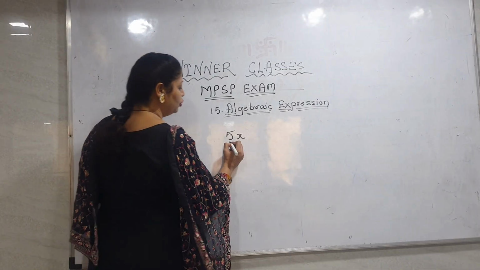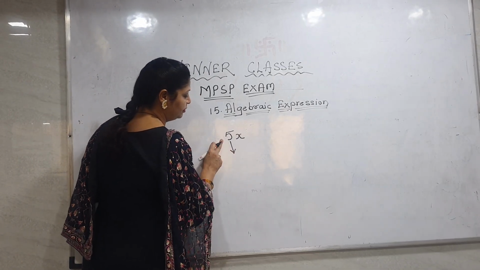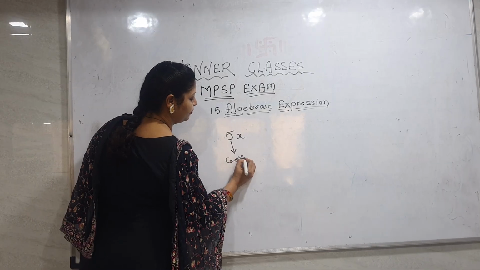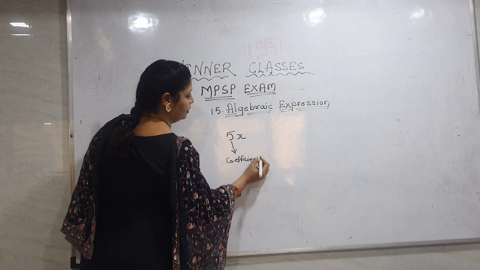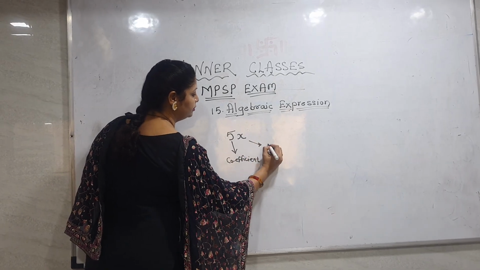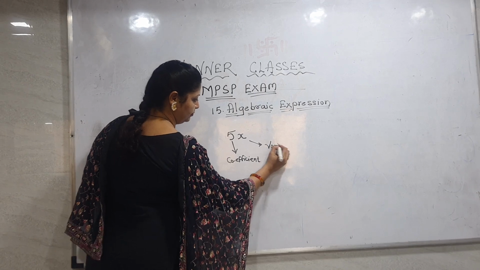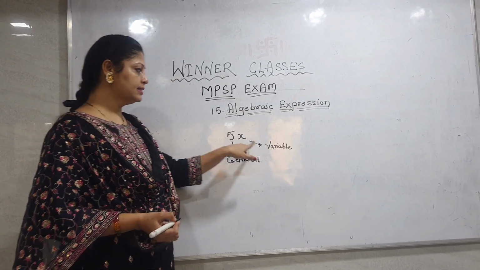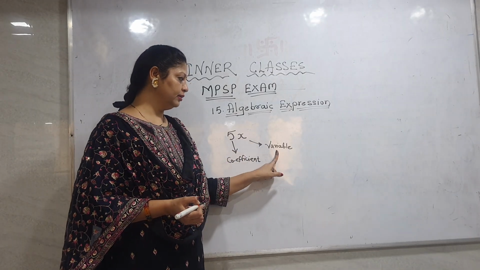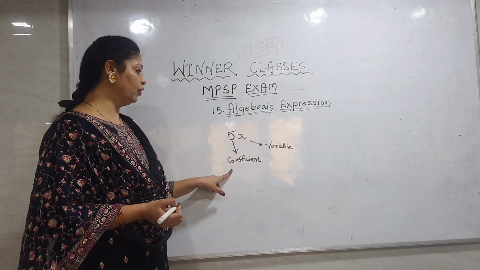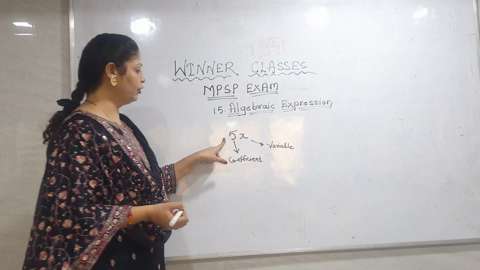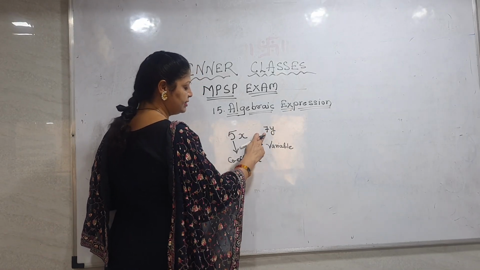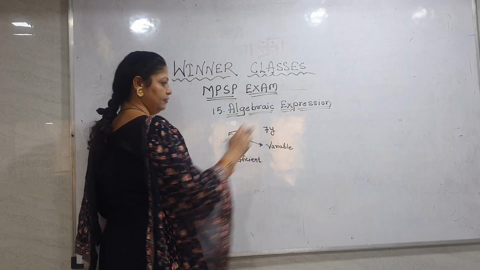So in algebraic expression, the numbers we call coefficient and the letters we call variable. Letters or alphabets we call variable and the number we call coefficient. For example 5x, then 7y. So 7 is the coefficient and y is the variable.